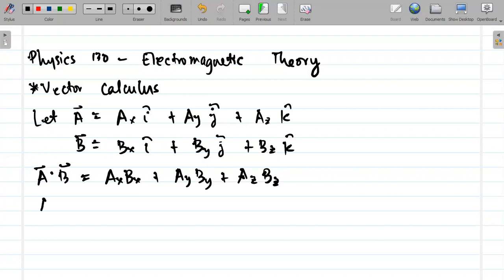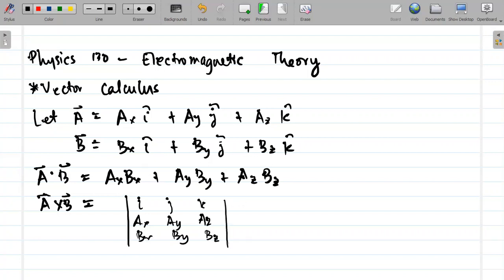Now class, ano naman ang cross product? A cross B. So bale, paano bang ginagawa nyo dito? Diba we have i, j, k, tapos AX, AY, AZ, tapos BX, BY, BZ. Tapos kukunin natin yung determinant ng matrix.